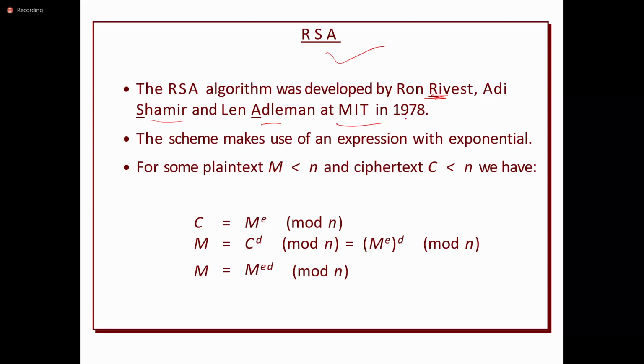Many of the public key algorithms use the prime numbers concept or some mathematical functions like modulo arithmetic, prime numbers and GCD. All these concepts will be used in public key algorithms.